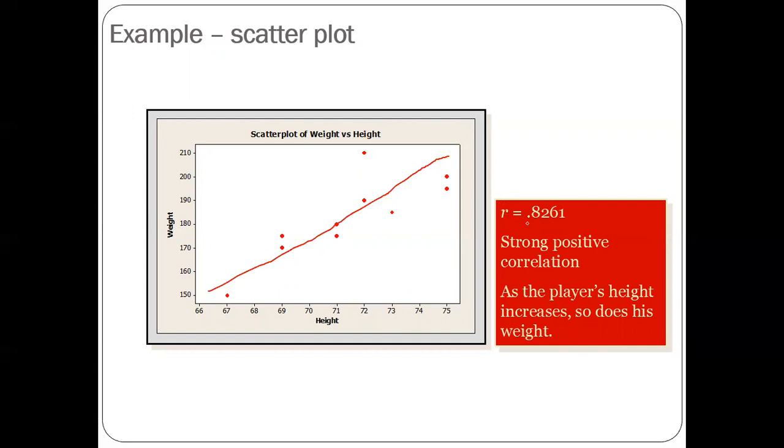Okay, and if you refer to the R value, most researchers or academicians believe that 0.5 and above is usually considered a strong positive correlation.